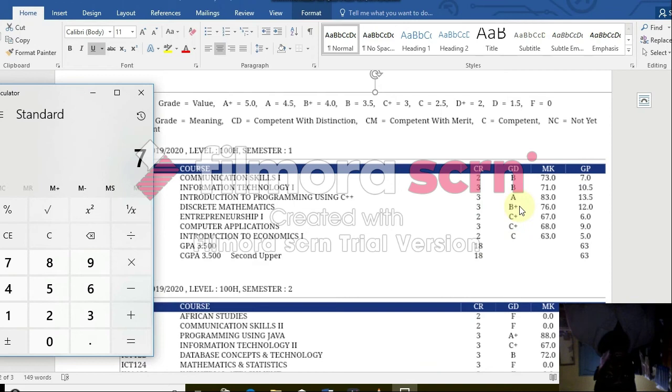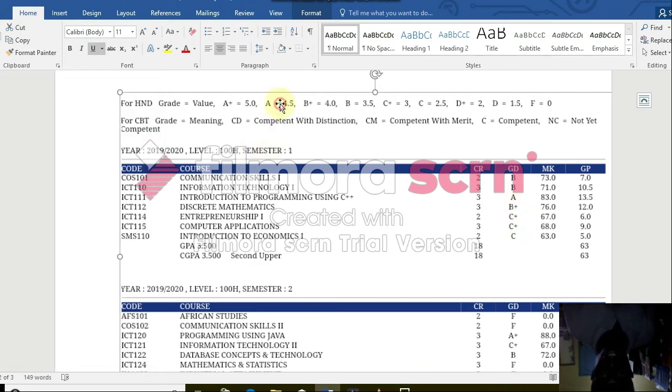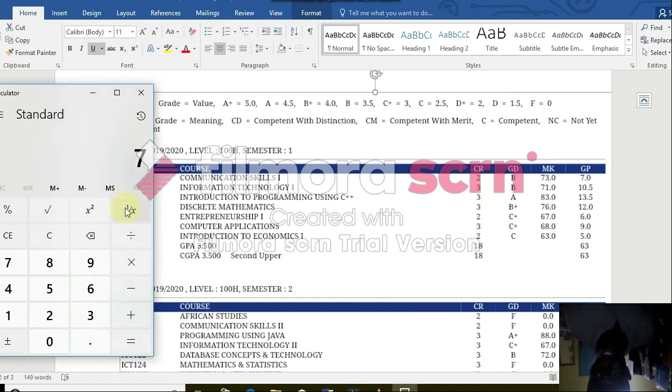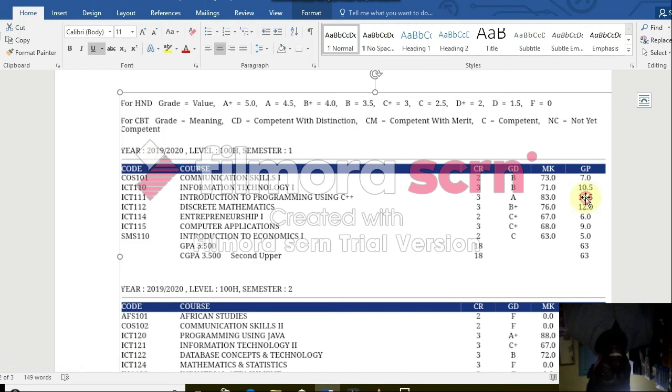So we multiply the 4.5 by the 3 hours, which gives 13.5. So the grade point for C++ is 13.5.